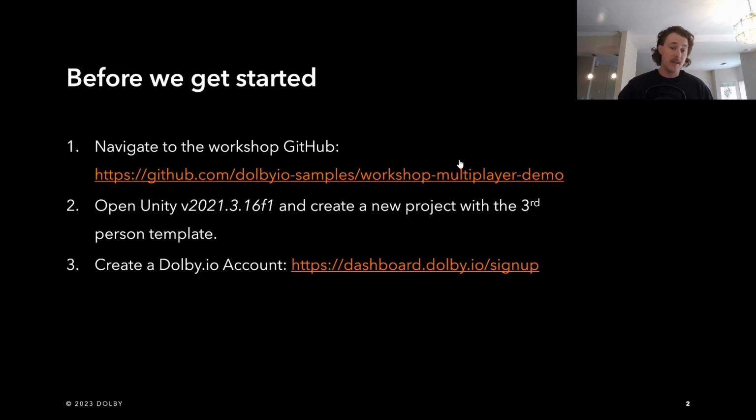Now, additionally, you're going to want to have Unity installed on your machine. I'm using a Windows machine, which means things might look slightly different. So if you're using Windows, that's easy, follow along. If you're using a Mac, make sure that you are cognizant of that and pay attention.